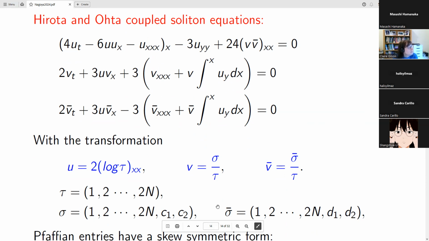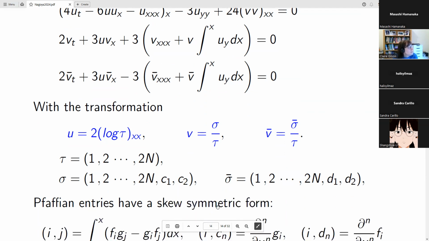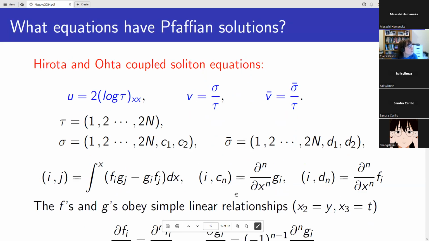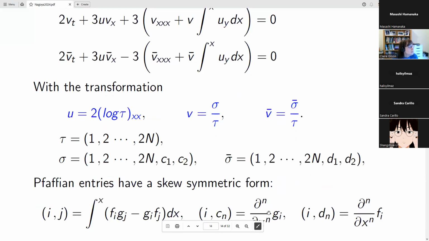And the Pfaffians have the skew symmetric type of entries. So this is why I was talking about differentiating using these earlier. So the Pfaffians have skew symmetric entries. And I'm going to define my entries.